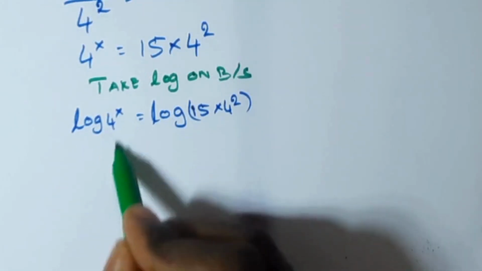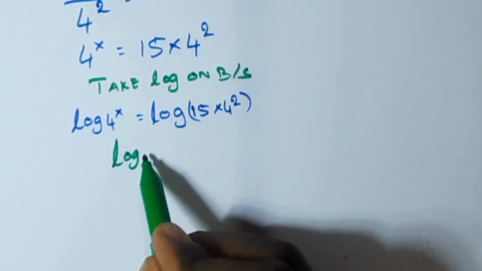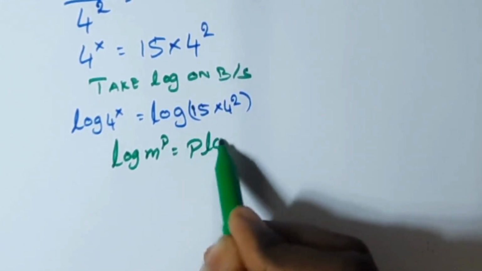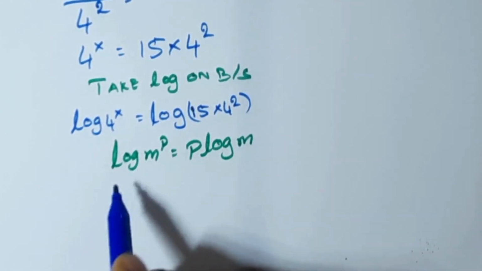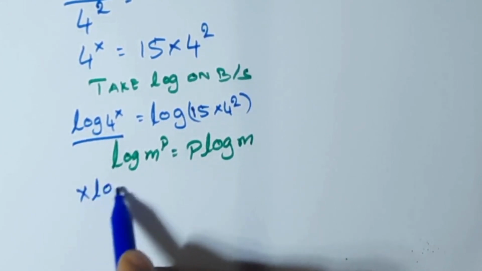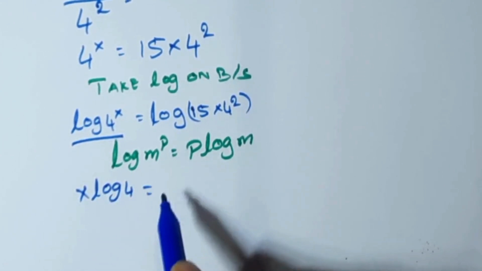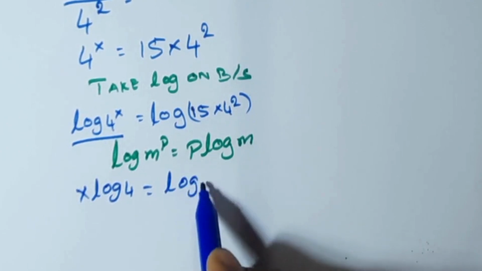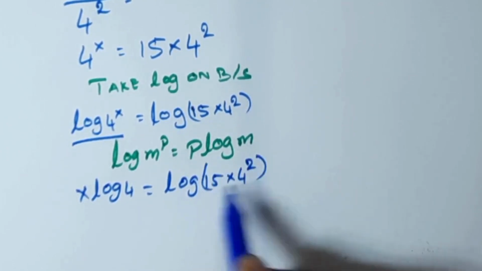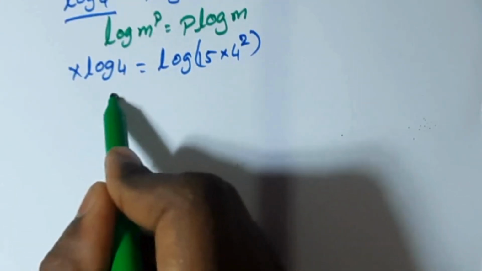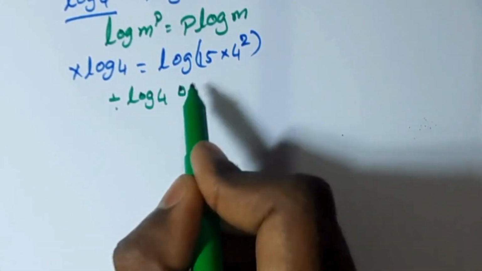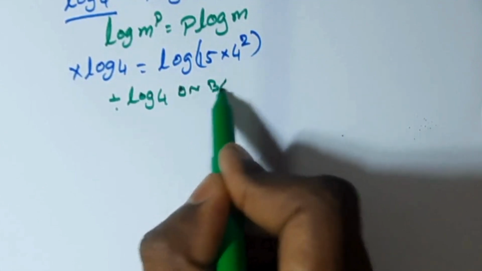In power log formula, log m power p equal to p log m. Applying this formula here, x log 4 equal to log 15 into 4 to the power of 2. Divide log 4 on both sides.